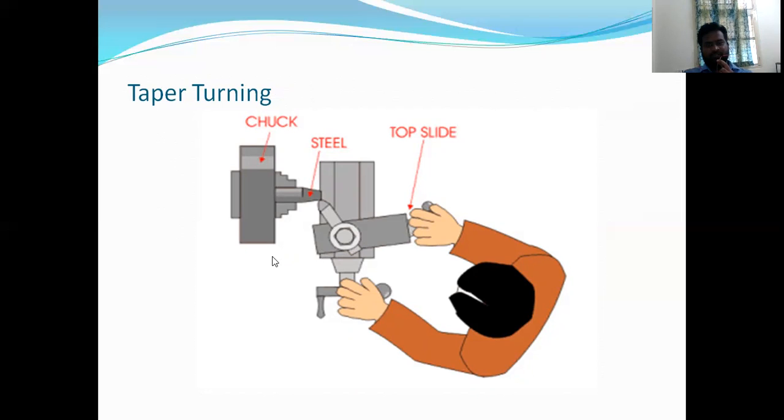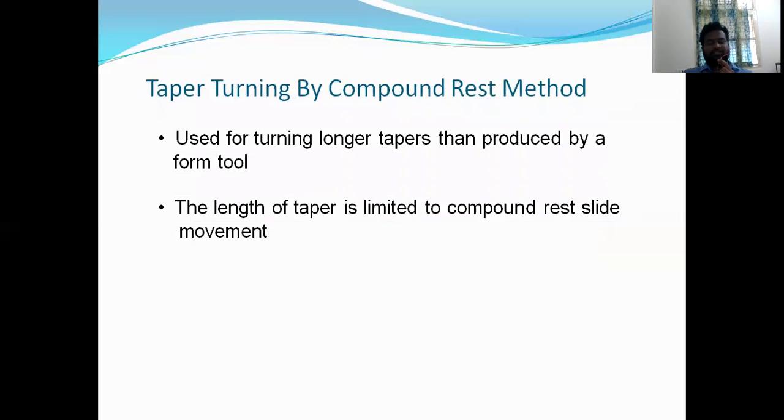That much length of taper is produced on the workpiece. Understood? We rotate this wheel, so it moves along the inclination angle on the cross slide of the compound rest, and only up to here it moves. So only that much length of taper is produced on the workpiece. That's why the drawback here is that the length of taper is limited to the compound rest slide movement.